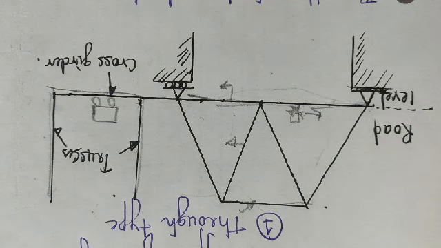In the analysis we assume that the joints are pin jointed connections. Just because these are pin jointed connections, there can be only axial forces in the trusses. The truss is always subjected to axial forces.